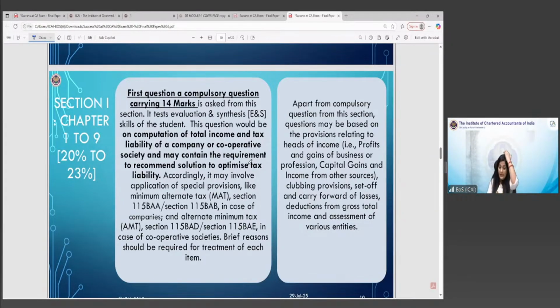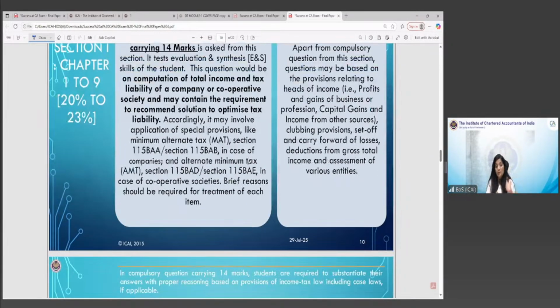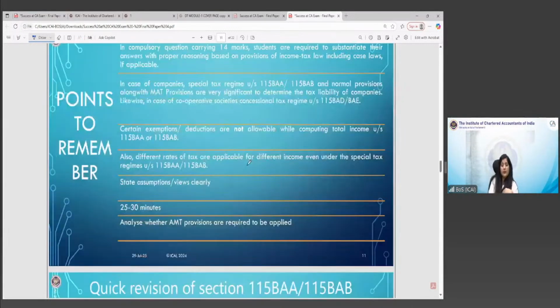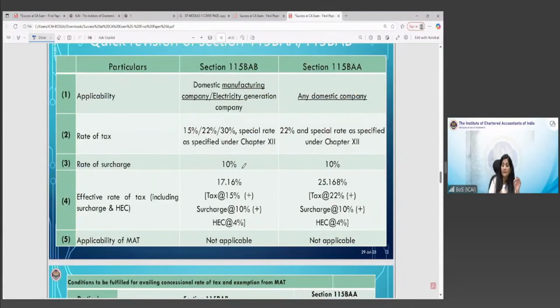Important thing in BAA and BAB, do remember कि it is applicable. What are the rates? Basically, the rates are distinct from normal provisions. Under normal provisions, to determine the tax rate of a company, you have to look for their turnover of the previous financial year 22-23 for this assessment year 25-26, right?